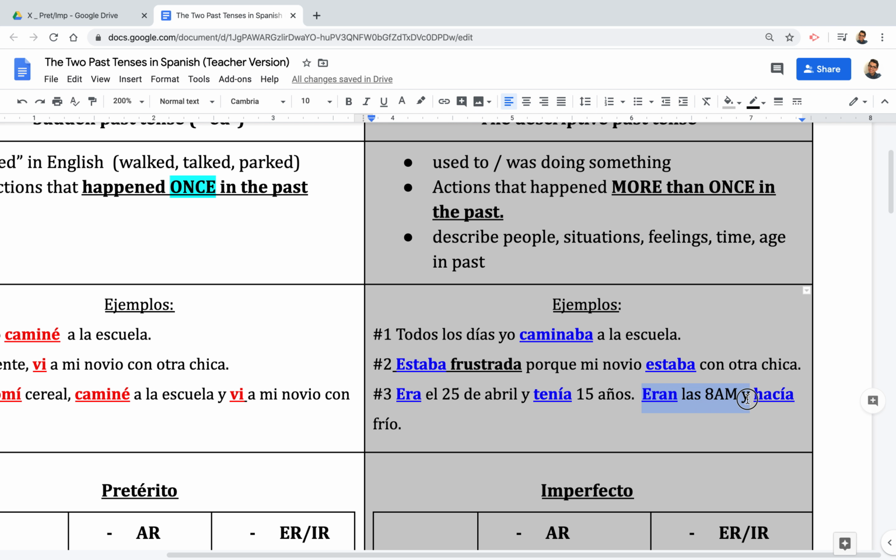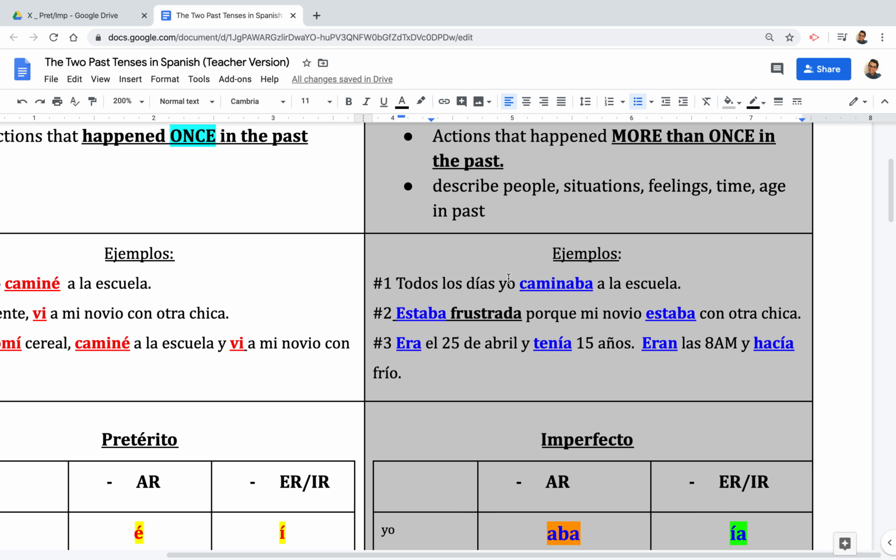Eran las 8 de la mañana y hacía frío. The translation is, it was the 25th of April and I was 15 years old. Or, it was 8 a.m. and it was cold.